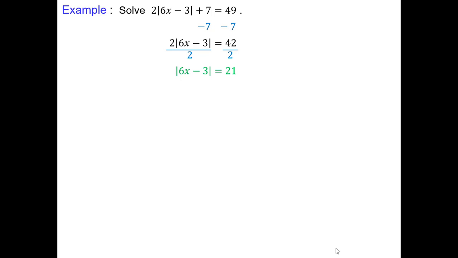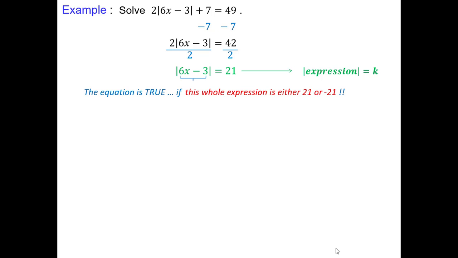So we should recognize that in order to make this statement true, that entire quantity on the inside, that entire expression, is going to have to be either 21 or -21. If you just cover up 6x minus 3, just think about how the absolute value of 21 will give me an answer of 21. But the absolute value of -21 will also give me an answer of 21.